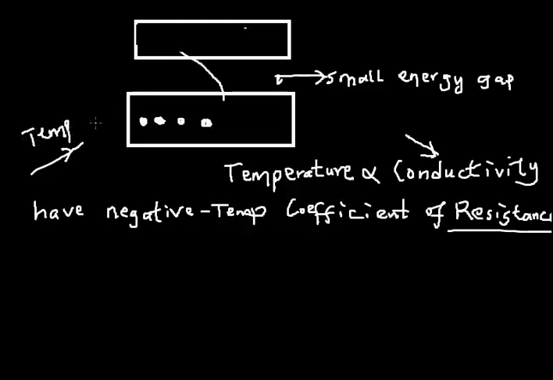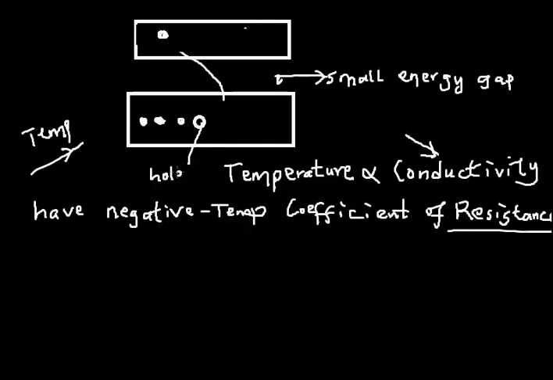One electron gets energy and migrates into the conduction band. As it migrates, it leaves a vacant position, a deficit where that electron is supposed to be but there's no electron. That is what is known as a hole.